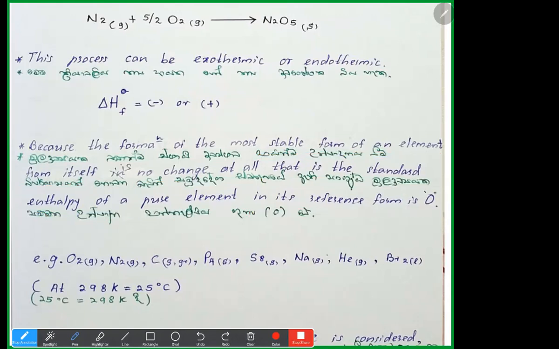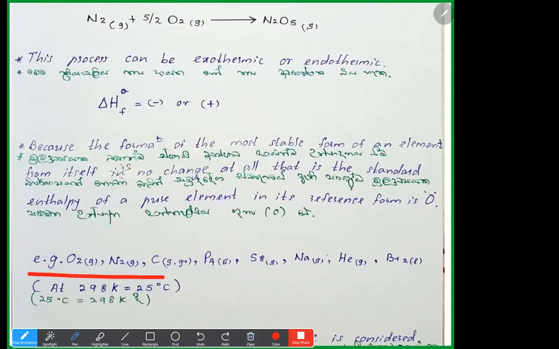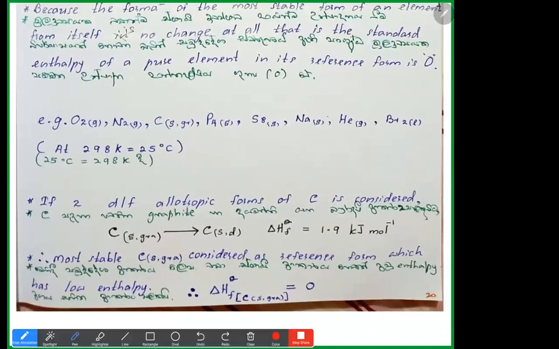So for all these naturally existing constituent elements, the enthalpy value becomes 0. You should remember that. As an example, our standard for carbon is solid graphite. The formation enthalpy of solid graphite is 0, but the formation of solid diamond from graphite is not 0. It's plus 1.9.